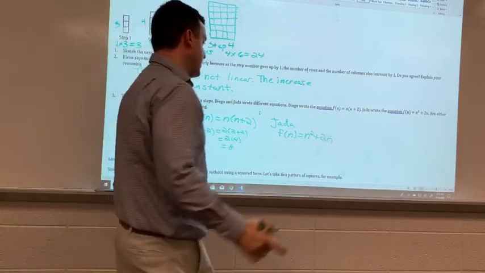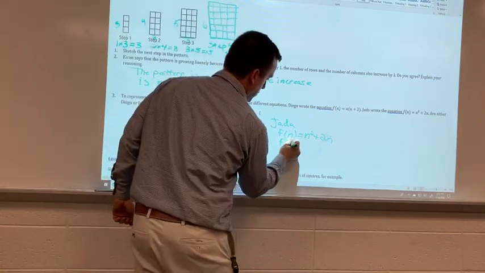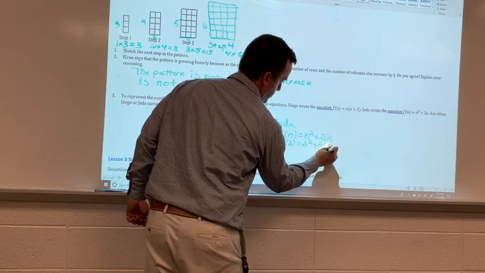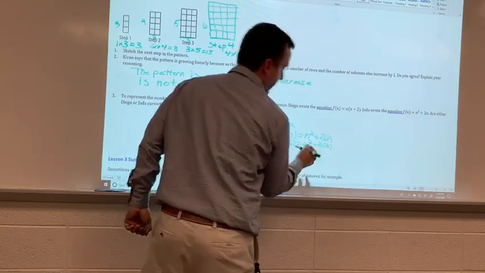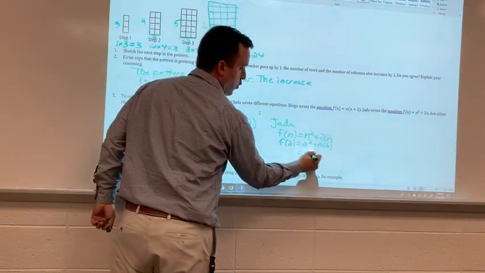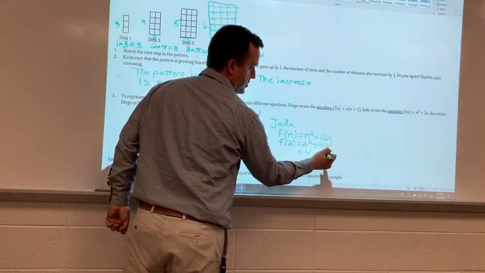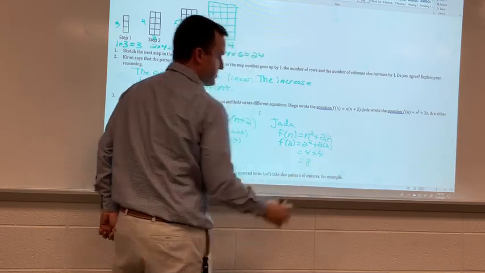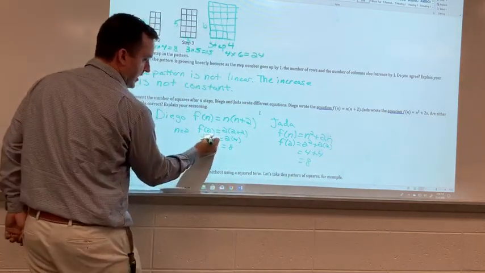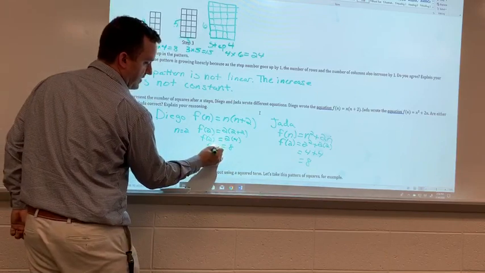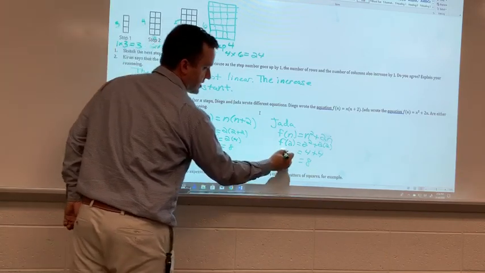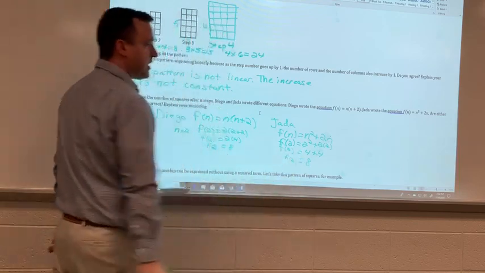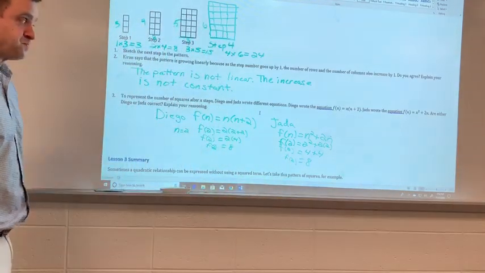Using Jada's equation, f of 2 equals 2 squared plus 2 times 2. Simplifying that, 2 squared is 4, and 2 times 2 is 4. 4 plus 4 gives me 8. So we see here that f of 2 for both equations is 8. So it's quite possible both equations are working here.